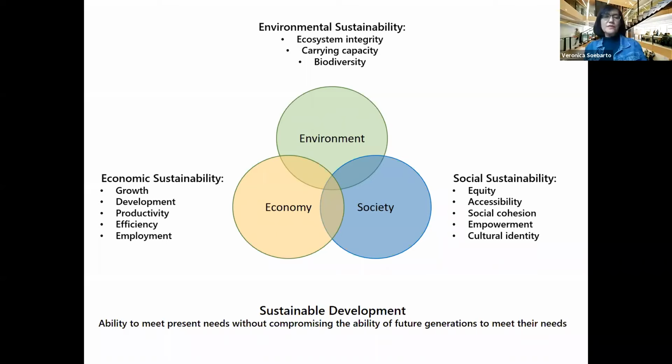So there's a real divide between the wealthy and people who are poor or in poorer countries. Social sustainability is really about ensuring equity, accessibility, social cohesion, that people feel empowered, and ensuring that cultural identity is maintained and fostered. Now, in sustainable development, these three things need to happen.